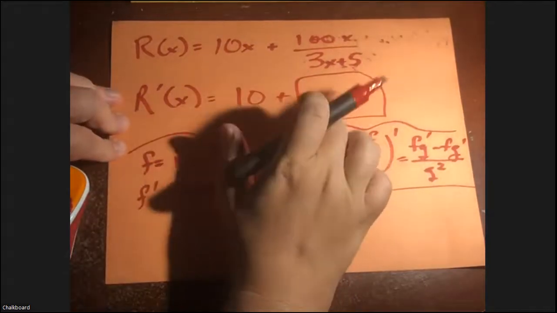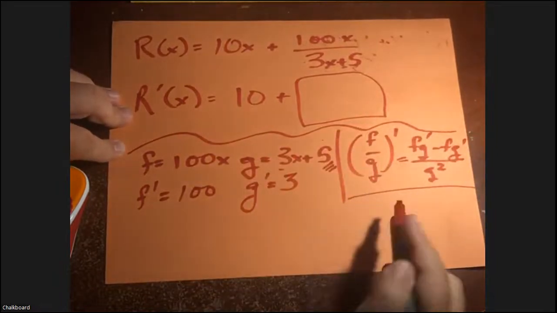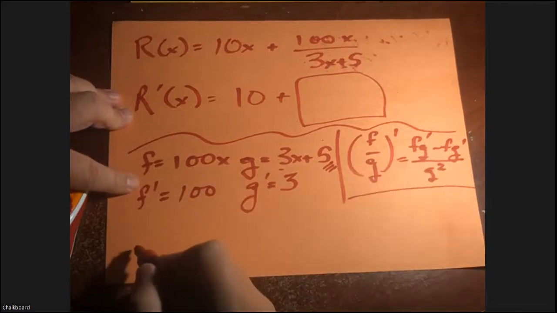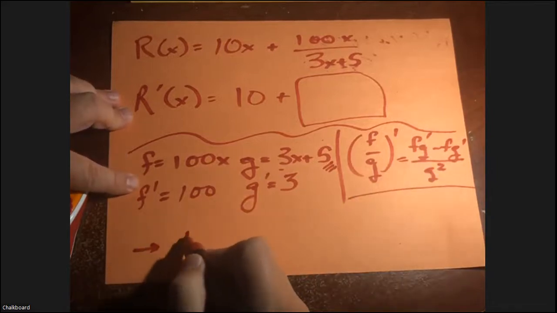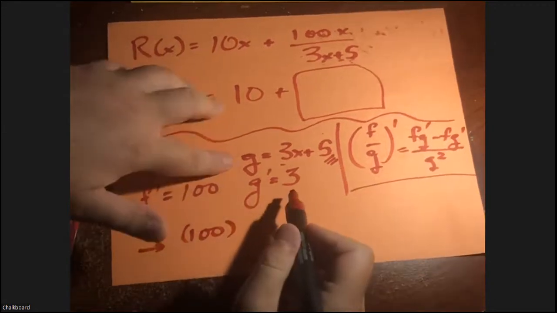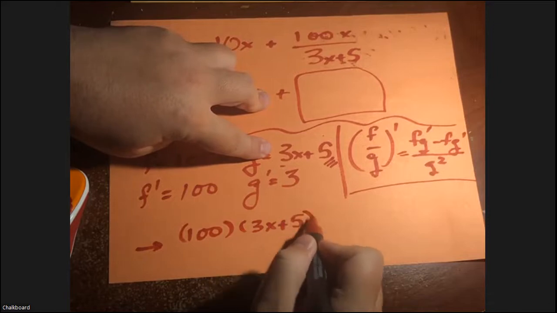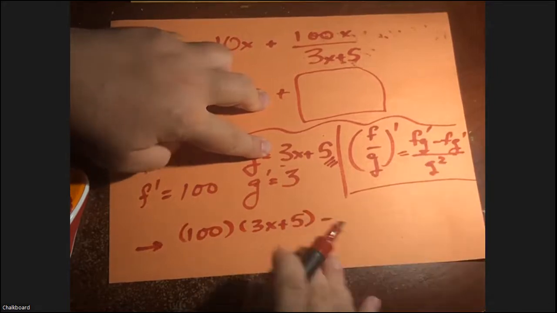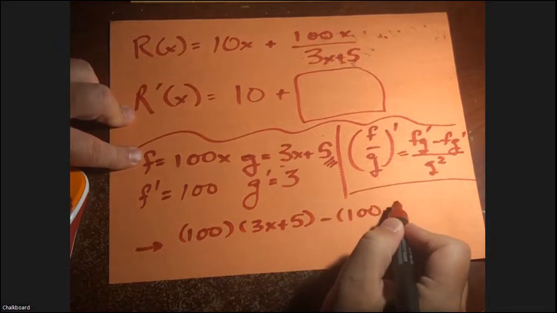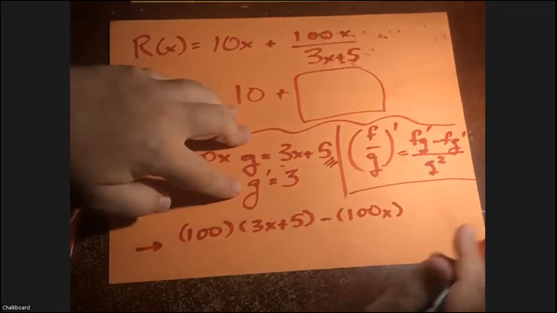So now we have f, g, f prime, and g prime, and we're going to construct the derivative that will go into this piece of our answer using the quotient rule here. The quotient rule calls for f prime, which is 100, times g, which is this expression, minus f. f is 100x, times g prime. g prime is 3.